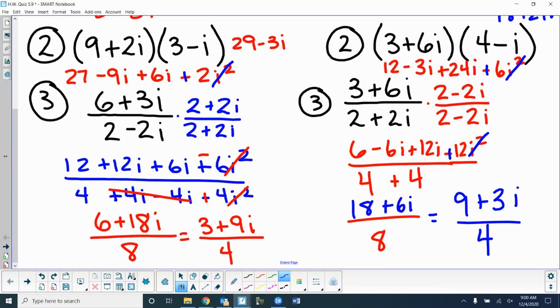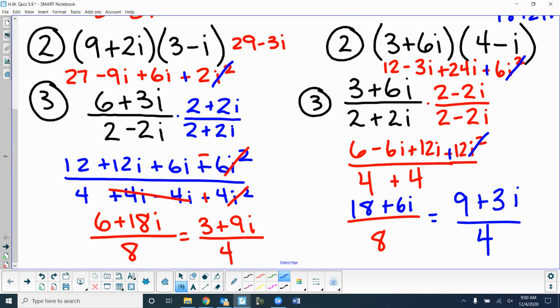Negative b over 2a. No, that's the x value. Then whatever you get, you put it in.